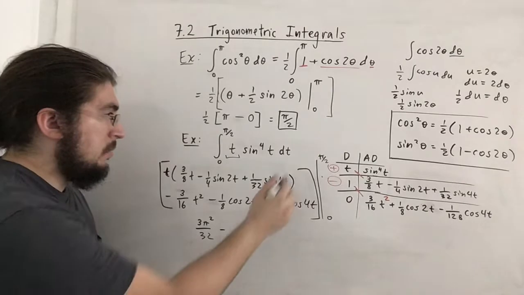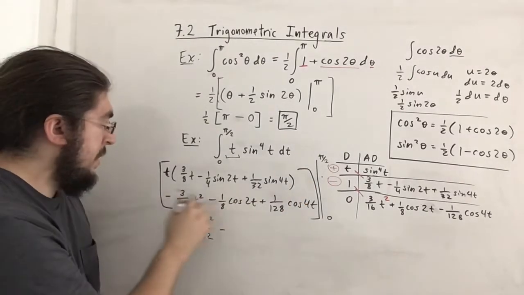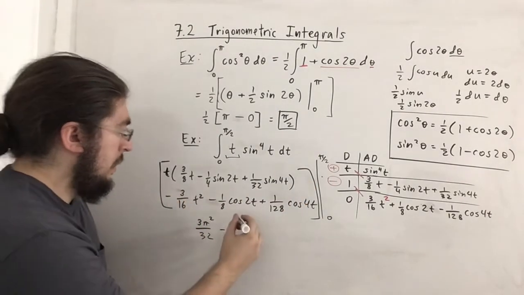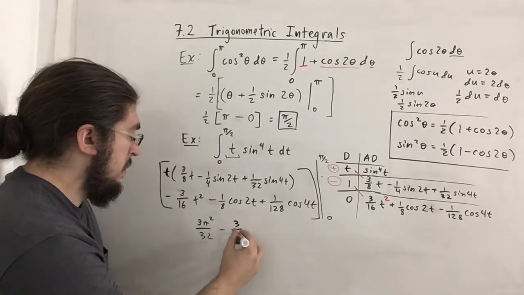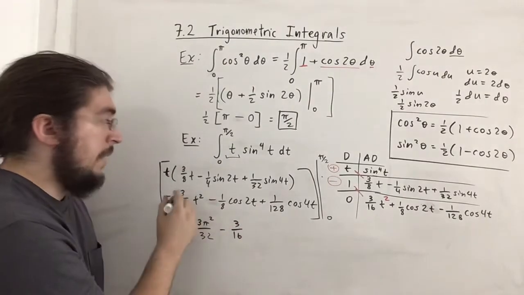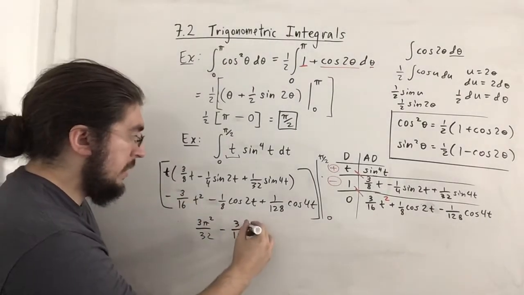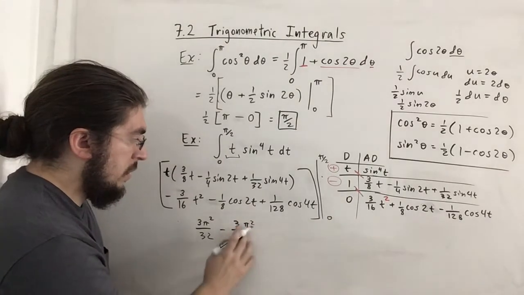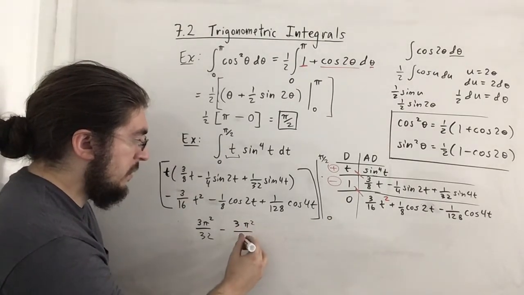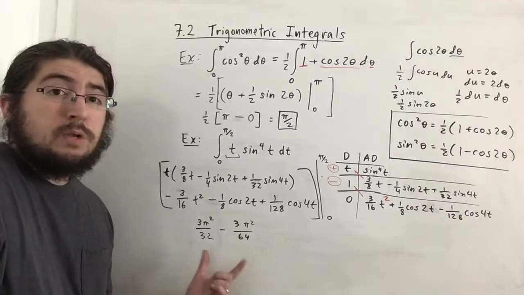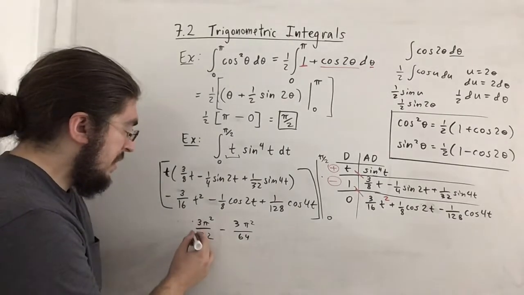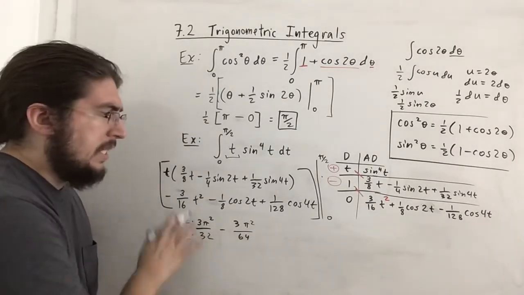Then minus, when you plug in pi over 2 here, we get negative 3 over 16 times pi over 2 all squared, which is pi squared over 4. So notice 16 times 4 in the denominator will be 64. These terms will actually combine quite nicely if we get a common denominator, but we'll worry about that in a second.